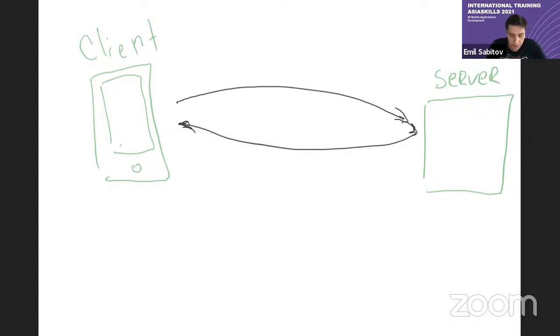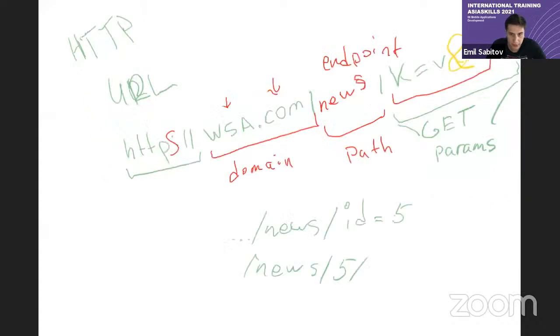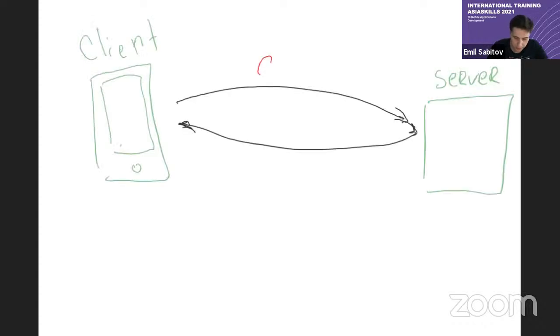And we've got some types of this request. For example, if I just want to get news, just for getting information from the server to show in the mobile device, I can just use a GET request. It's a method.